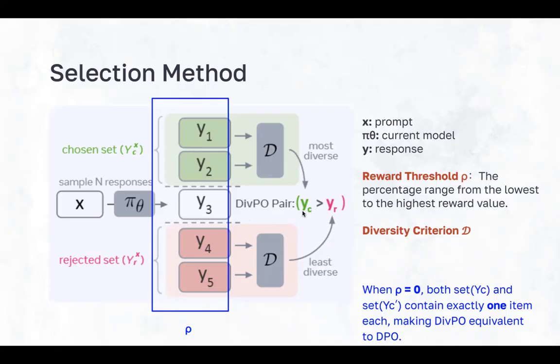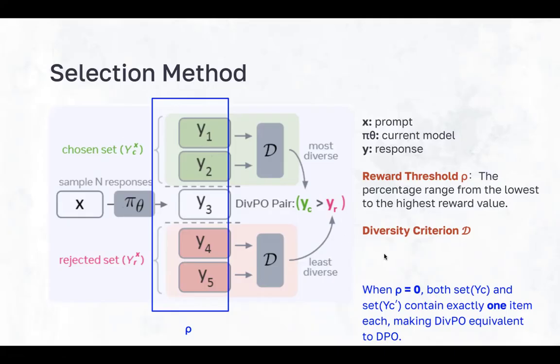The pair is different from before, because before we just evaluated only according to the reward, but now we added diversity. And if the threshold is 0, both sides will be, because 0 means that the percentage is 0, which means that we only choose 1.